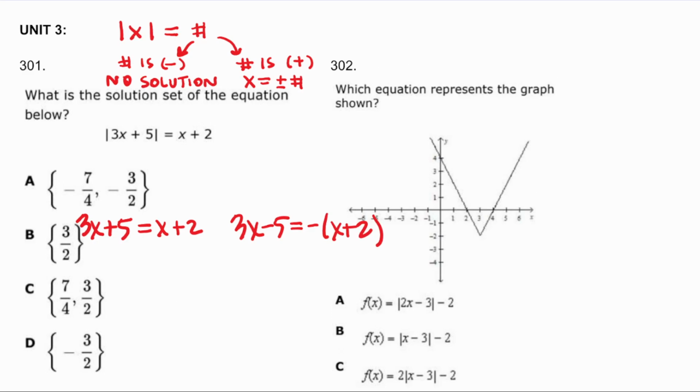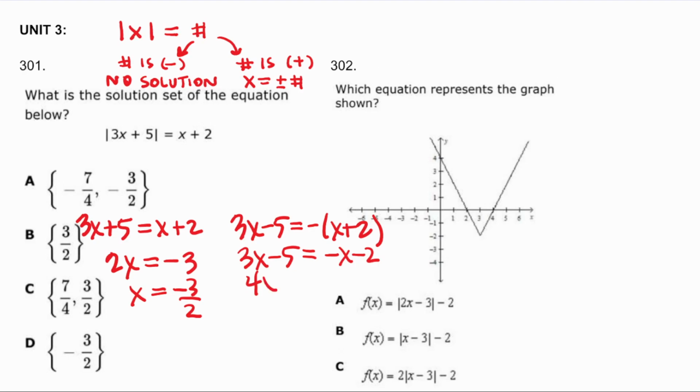That's all right. Okay, and then I'm just going to solve each of these equations individually, and I'm going to subtract an x from both sides. 2x equals negative 3, x equals negative 3 halves. And then over here, I'm going to distribute the negative and just keep solving. So I add x to both sides, maybe add 5 to both sides as well.